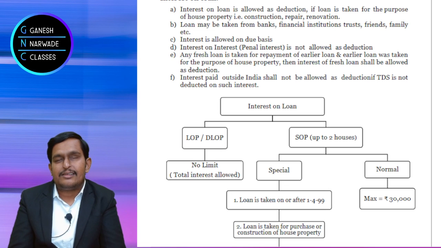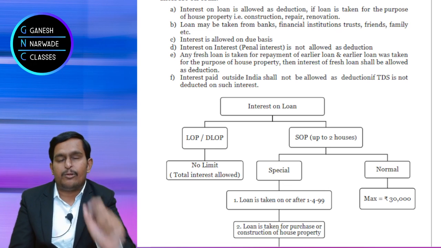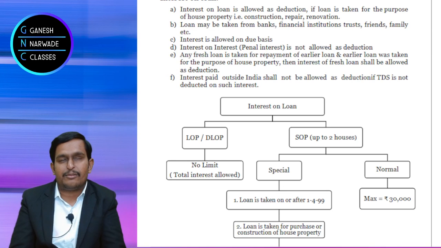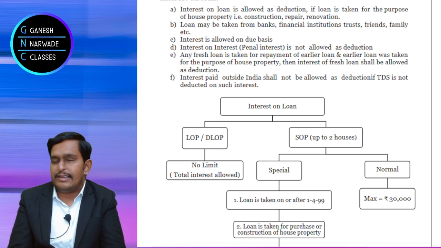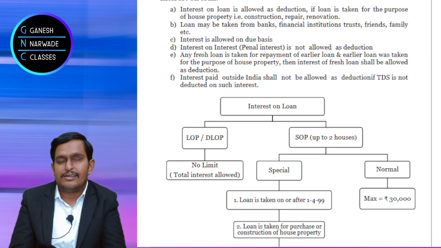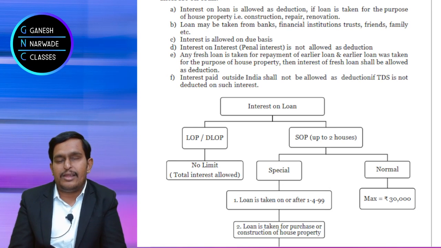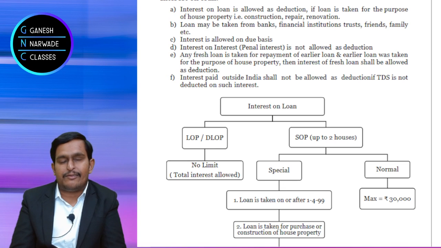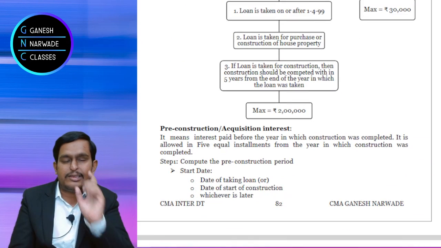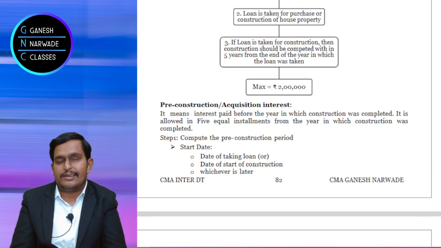If you do that, then only the total interest paid outside India will be allowed as deduction. If you deducted the tax but did not pay it to the government, then also you will not get deduction of interest. Or if you neither deducted nor deposited with the government, then also you will not get deduction. So if you are paying any interest on loan outside India, please remember to deduct tax as per the law and deposit it with the government, then only you will get the benefit of interest on loan as deduction.